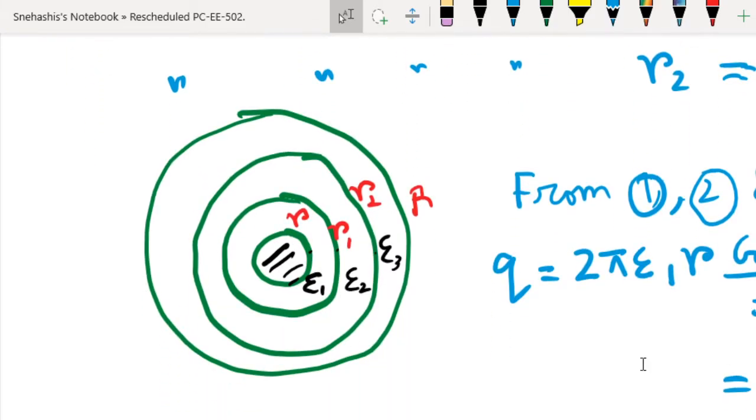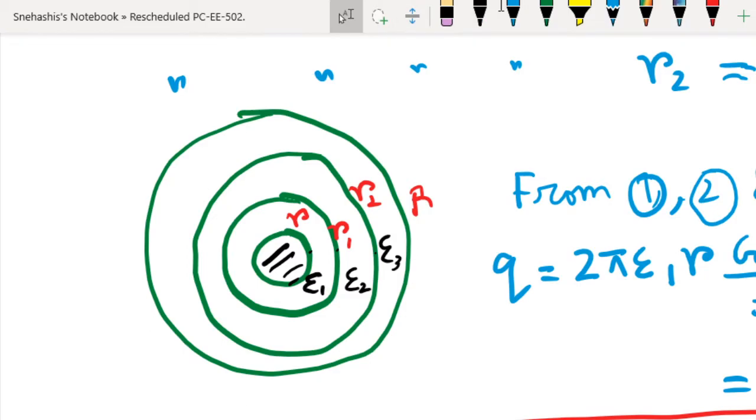As f is common in every expression, we can write epsilon 1 r g1 equal to epsilon 2 r1 g2 equal to epsilon 3 r2 g3. Okay, so this relation you should remember when possibility number 1 is there.